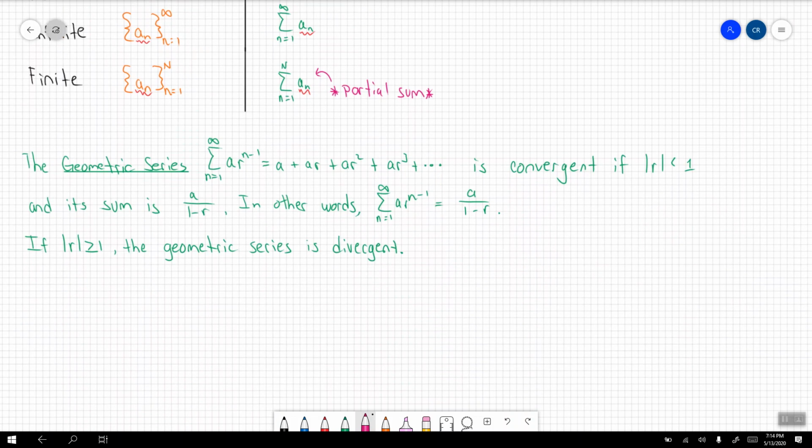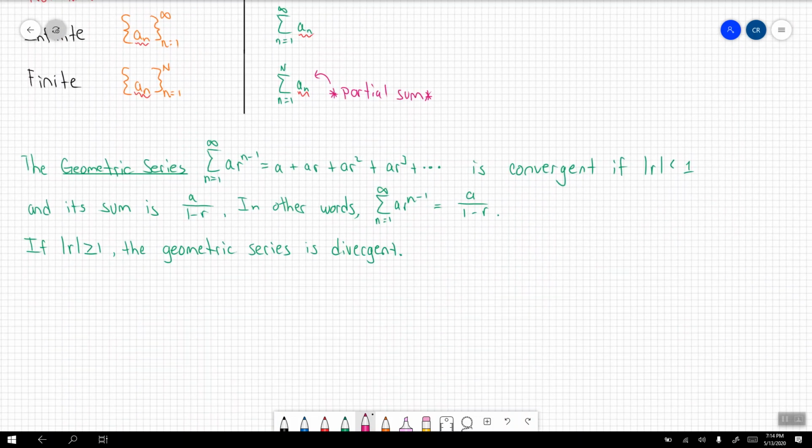So, one of the very specific types of series that we have is what's known as a geometric series. This geometric series has a few items that we like to look at. Number one, we want to look at the initial value that we start that list at.